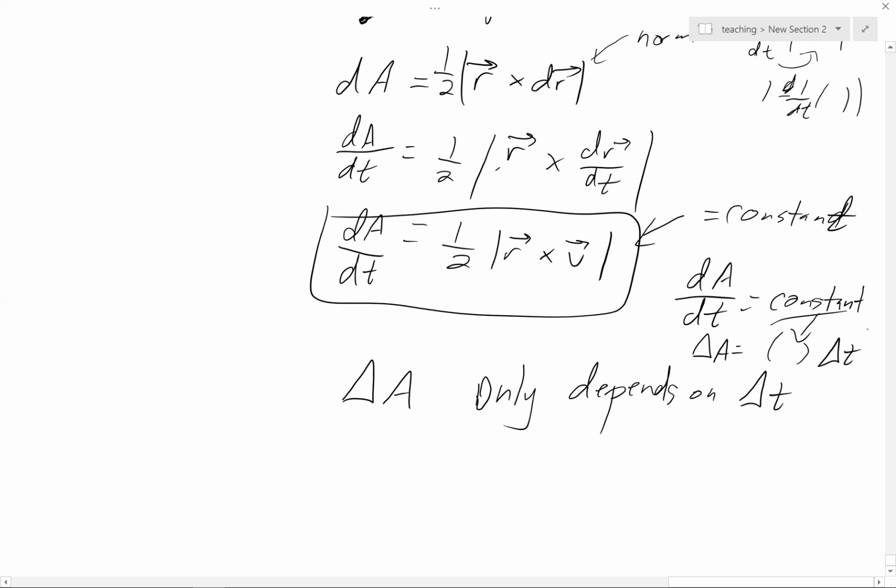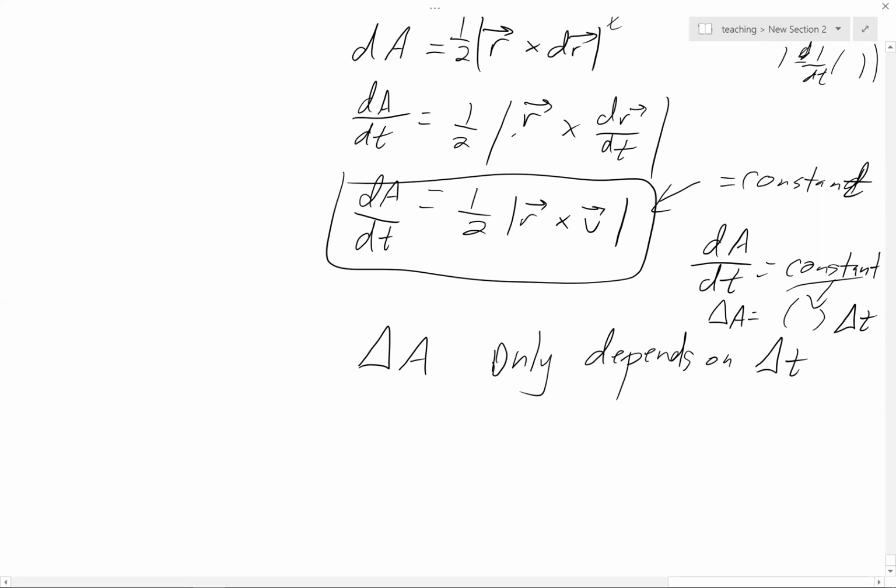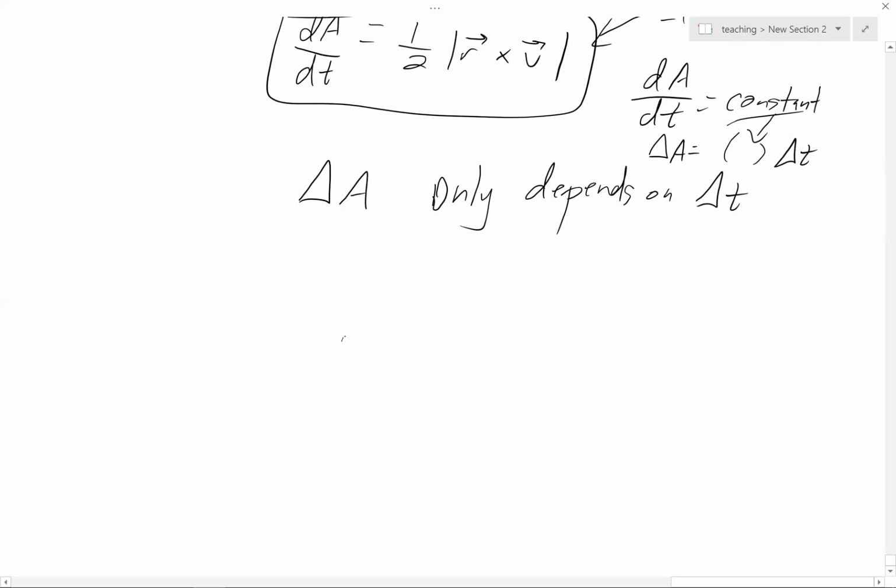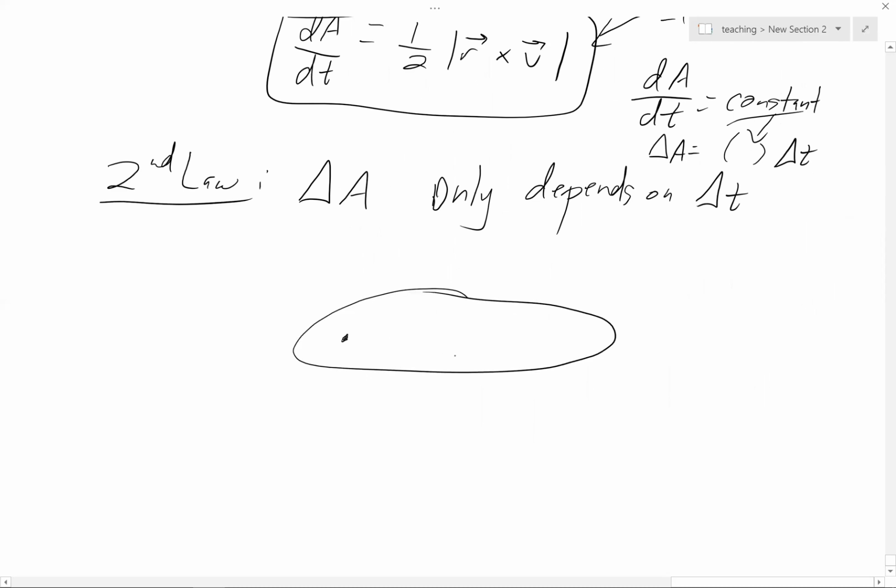So the change in area only depends on the change in time, and that is Kepler's second law, by the way. Which means if I don't have a circular orbit, here, because this is very, very long, and say this is like 1 month of the orbit, that's a pretty big area.